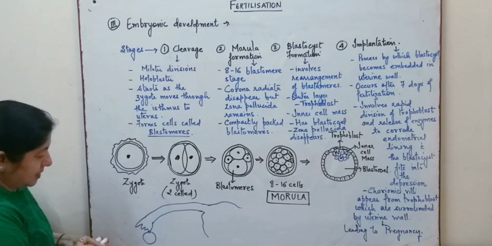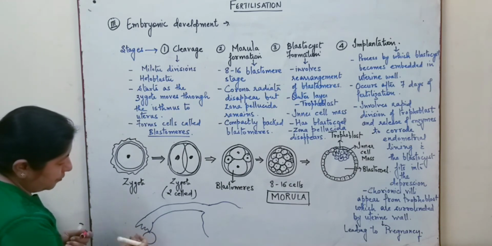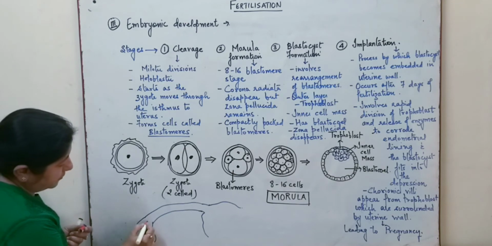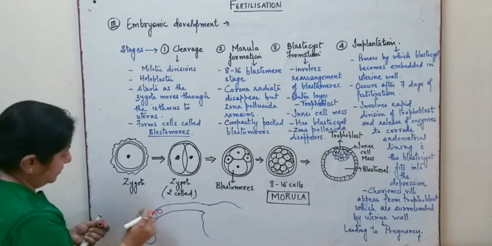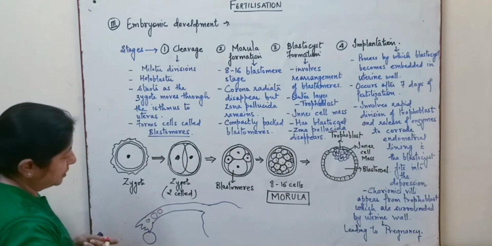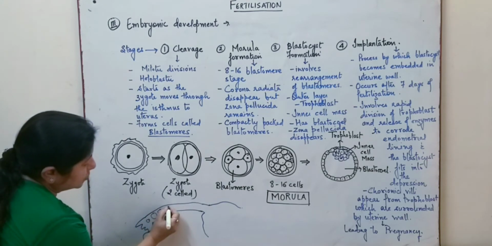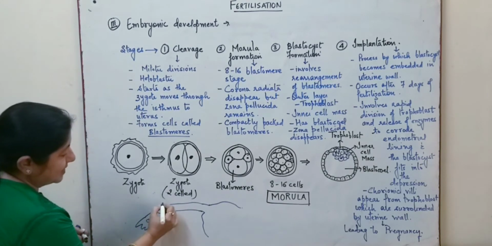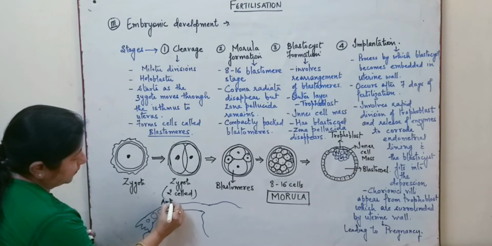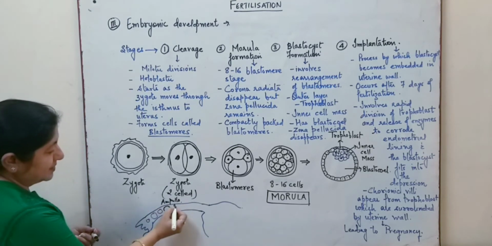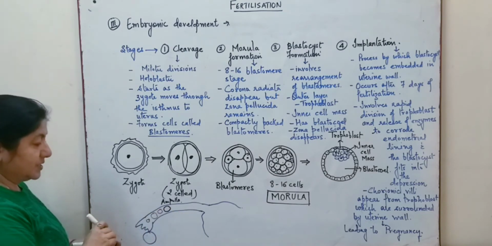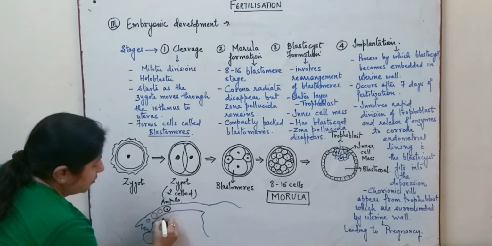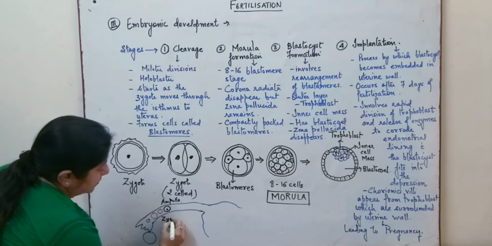This is the ovary, and from the ova, after the ovulation process, after the fertilization has taken place in the ampulla region. This is the junction of ampulla and isthmus. So over here, the fertilization has taken place and resulted in the formation of the zygote.